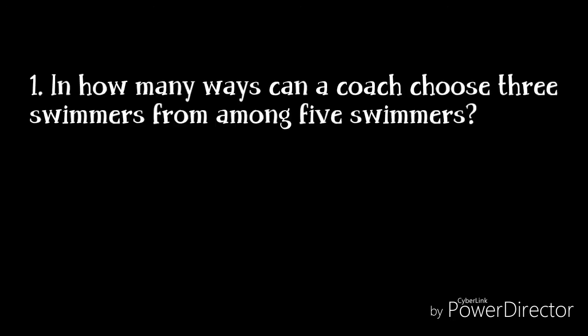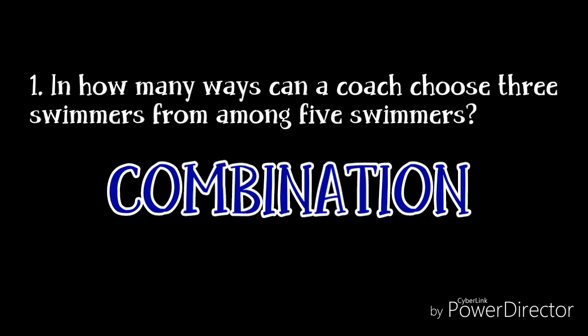Let's have an activity. We should determine whether the given illustration illustrates combination or permutation. First, in how many ways can a coach choose 3 swimmers from among 5 members? The answer is combination, from our keyword choose.